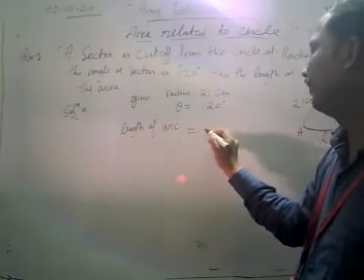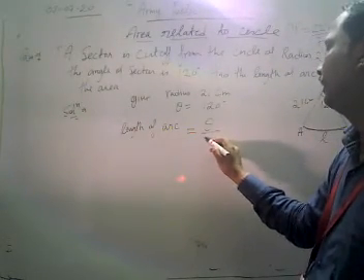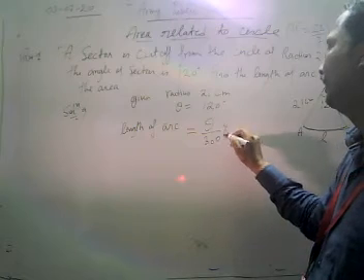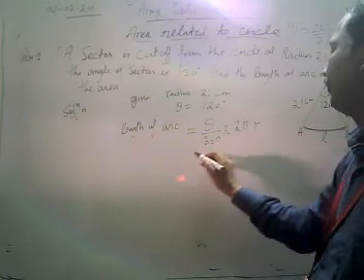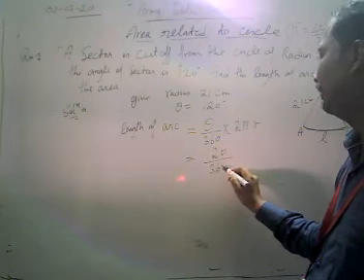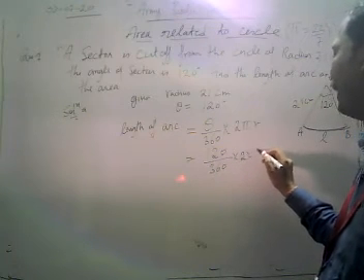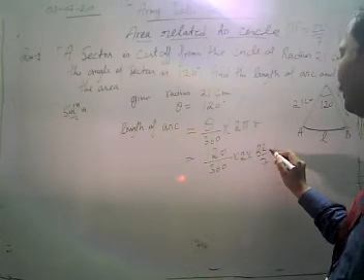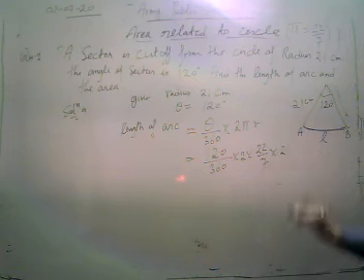Now we first find the length of arc, which is given by theta upon 360 into 2 pi r. Theta is 120 divided by 360 into 2 into pi, which we take as 22 by 7, and r is 21.